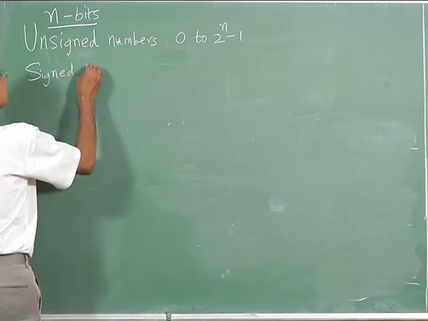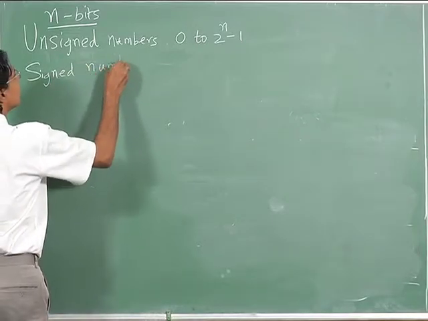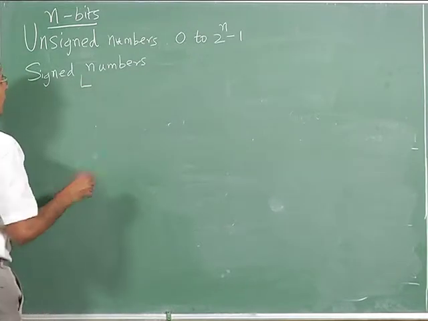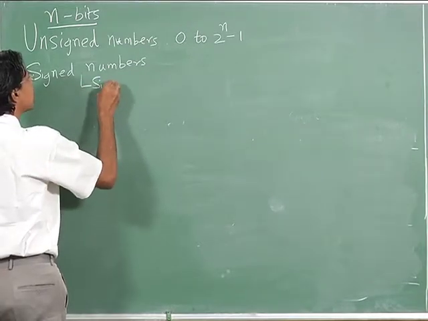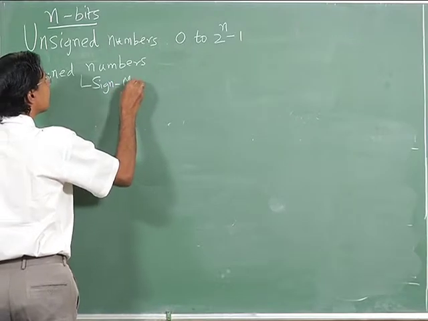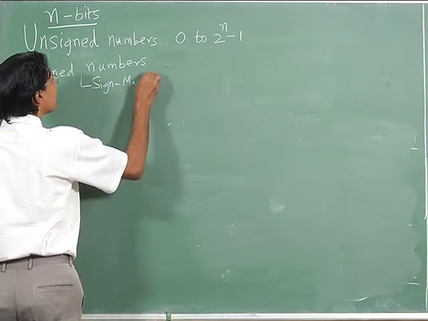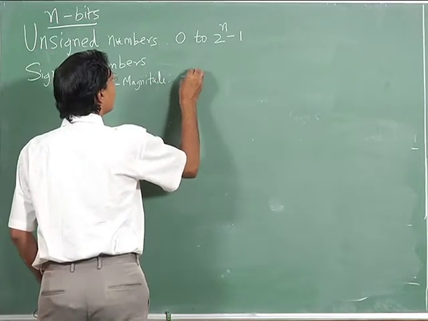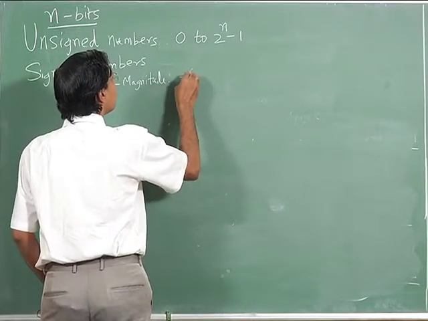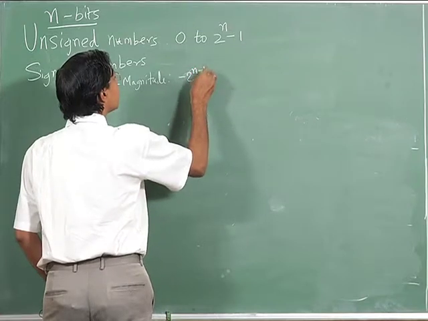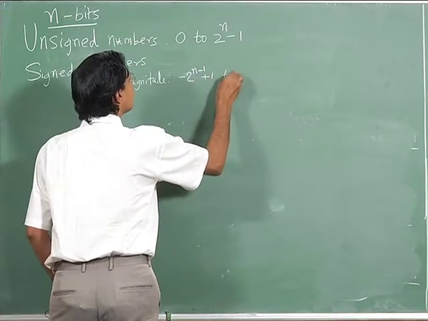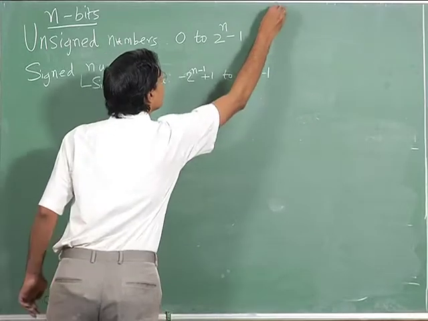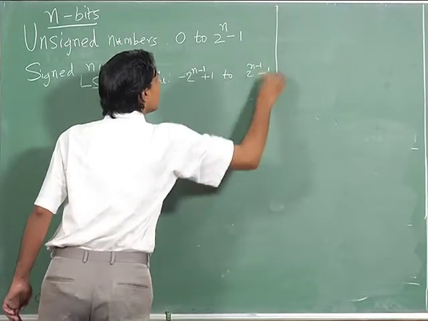Signed numbers in what we call the sign magnitude representation will be from minus 2 power n minus 1 plus 1 to, sorry, 2 power n minus 1 minus 1.